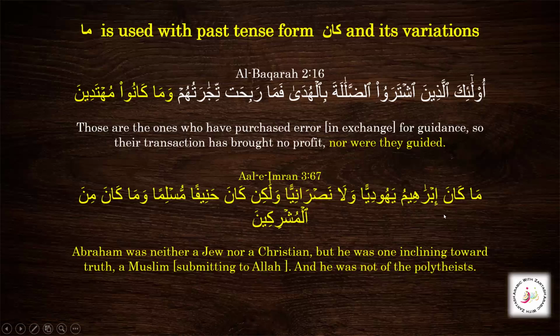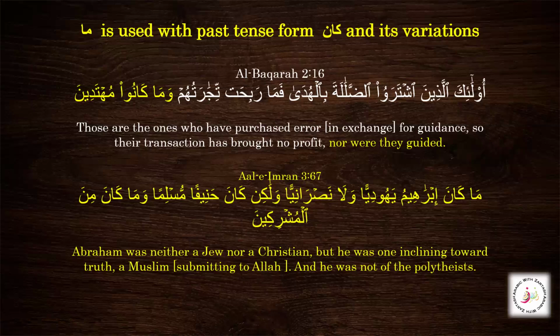So you see here, quite a long one. This part has kana, this part has kana, and also this part has kana. Let's see this ayah, and it is a very beautiful example for learning kana. So Ibrahim was neither a Jew nor a Christian, but he was one inclining towards truth, a Muslim submitting to Allah subhanahu wa ta'ala, and he was not of the mushrikeen.